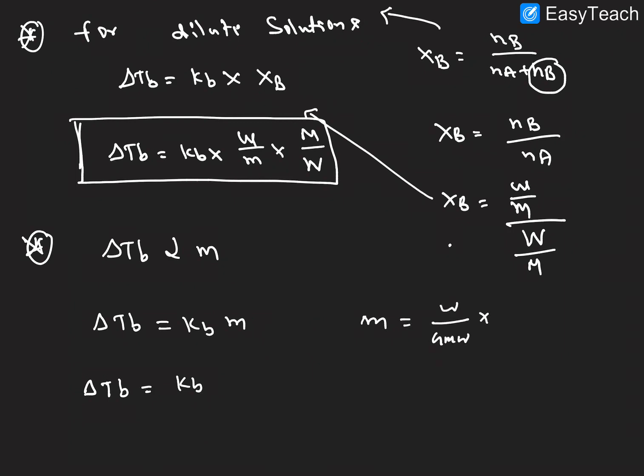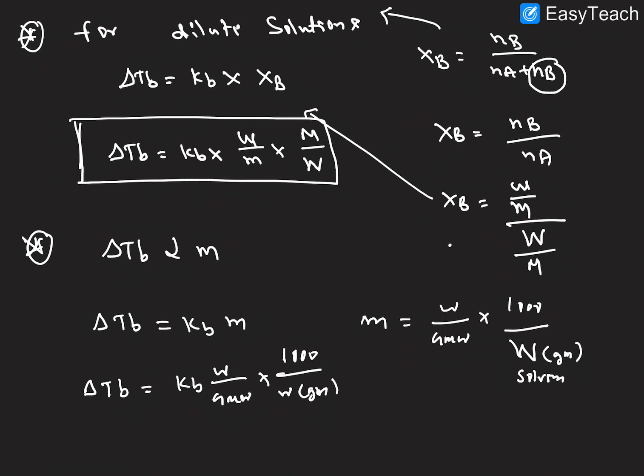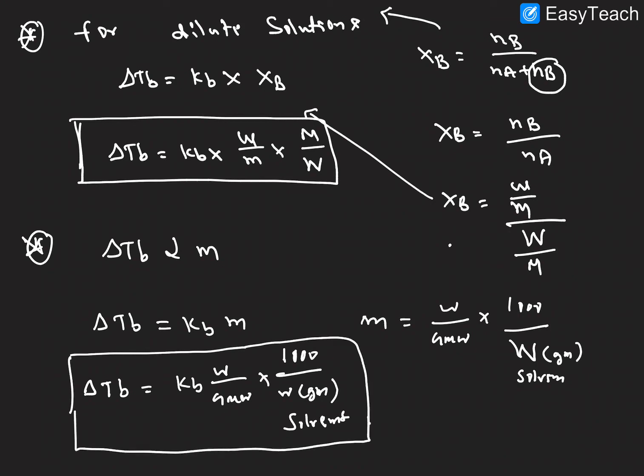Molality equals weight by gram molecular weight into 1000 by the weight of solvent in grams. We can write this formula in place of m here. So this is the formula. I hope it is clear.